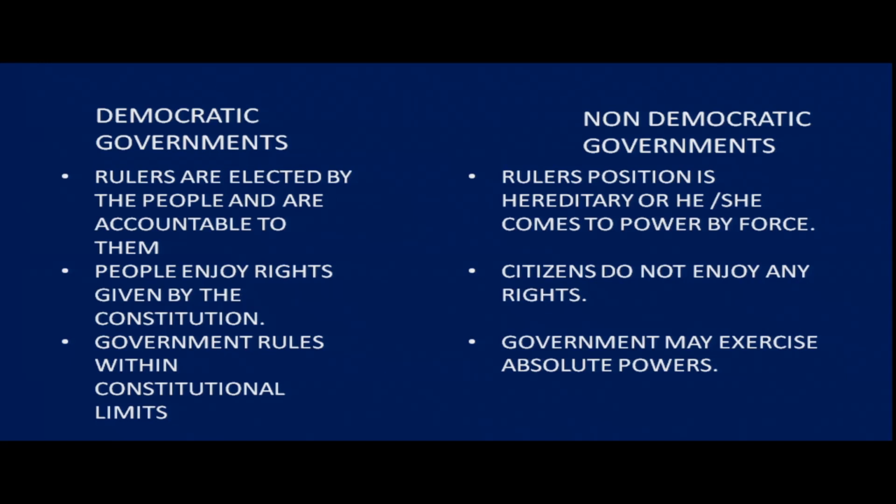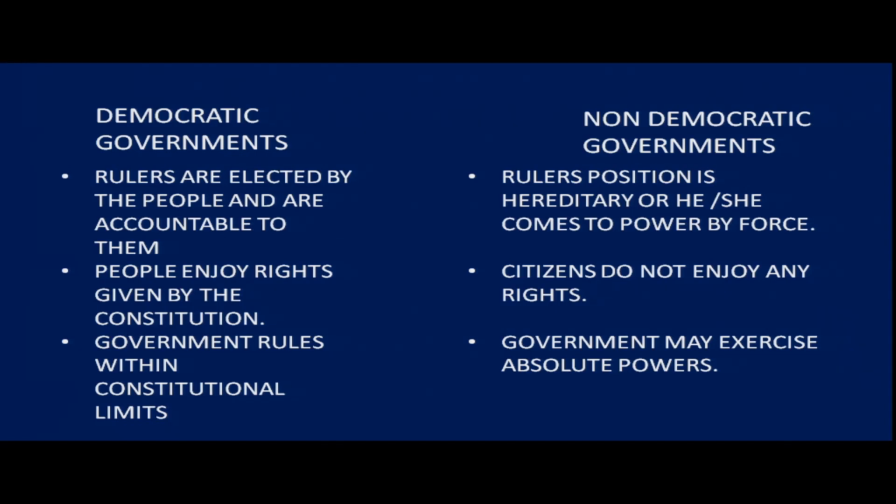In non-democratic governments, the ruler's position is hereditary or he comes to power by seizing it by force. In democratic governments, people enjoy rights which have been given to them by the constitution, whereas in non-democratic governments, citizens do not enjoy any rights.